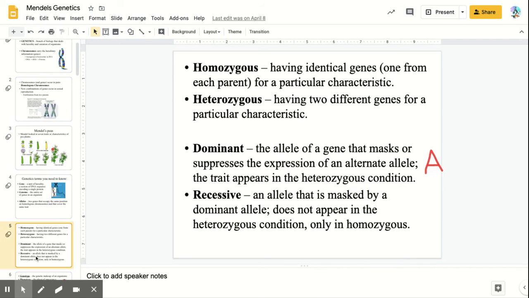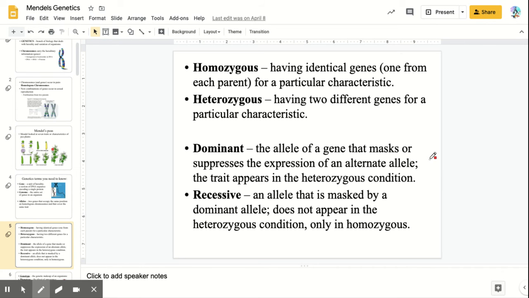So when I go down here, I'm actually going to delete this, and we're not going to do A. We're going to do round over wrinkled. I just want to do one that's kind of easy to tell the difference between, and you can tell my different letters. So we're going to do the round and wrinkled.